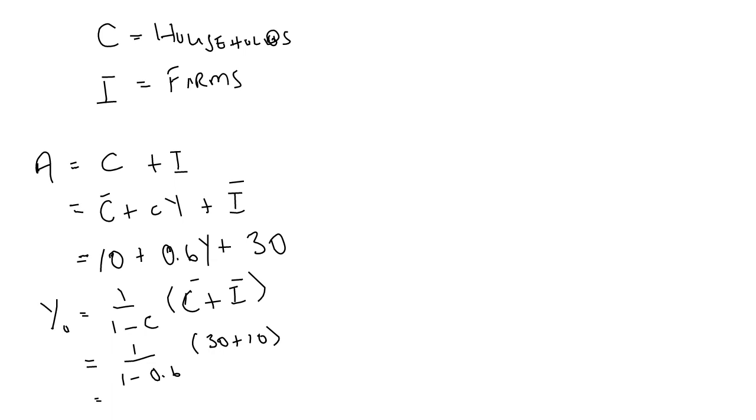Let's break it down even further. 1 minus 0.6 is 0.4, so 0.4 over 1 multiplied by 40. Stay with me still.